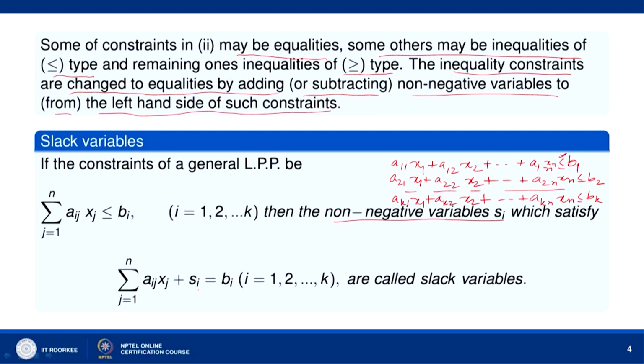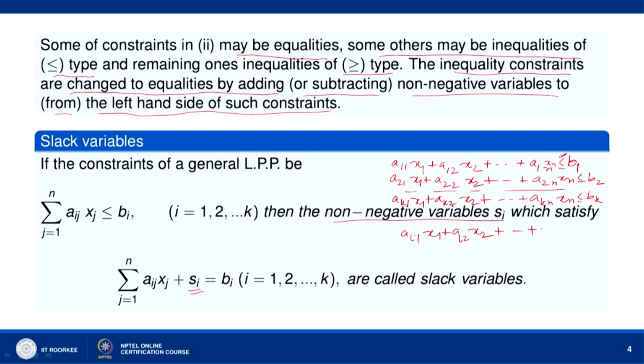So, Si is added to the ith inequality, ai1 x1 plus ai2 x2 plus ... plus ain xn less than or equal to bi, to convert it into an equality.